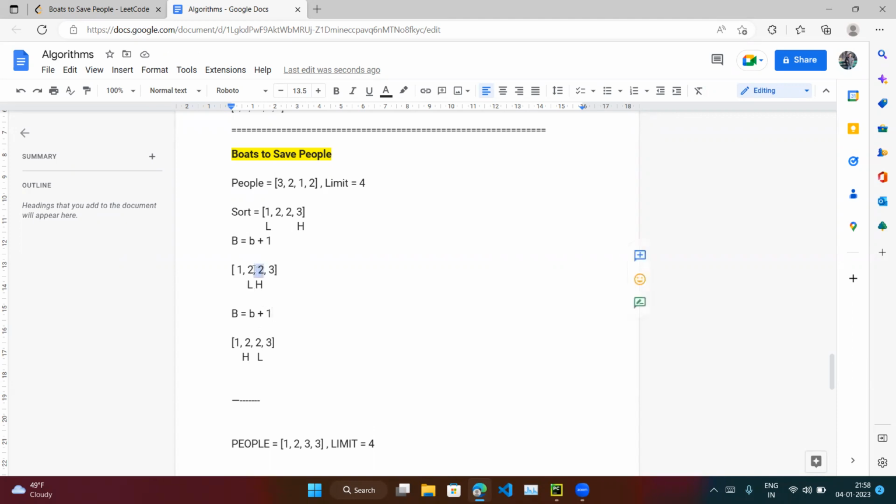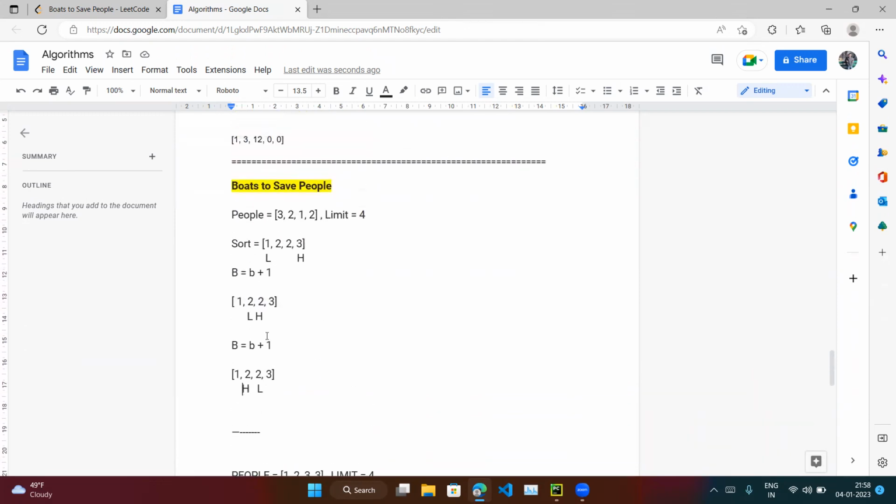Now the left pointer exceeds the right pointer, so our loop will end. So we also got to know we have to run a while loop, and the while loop will run only when the left pointer is less than or equal to the right pointer.